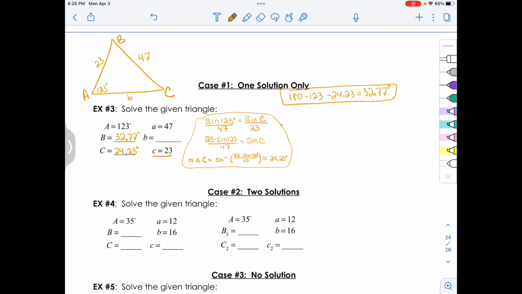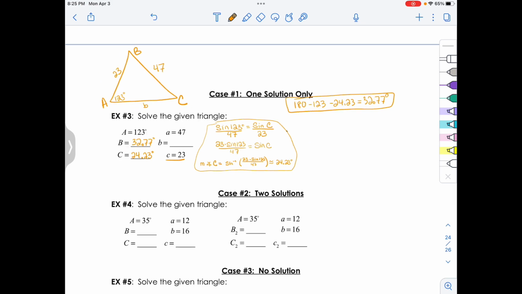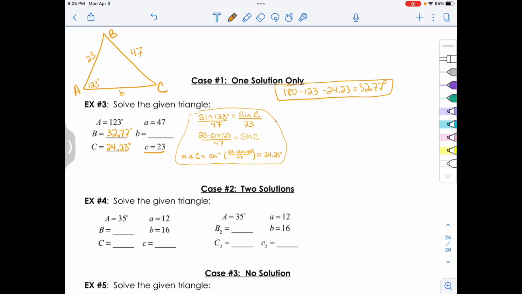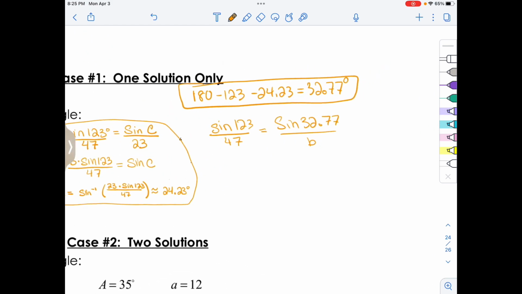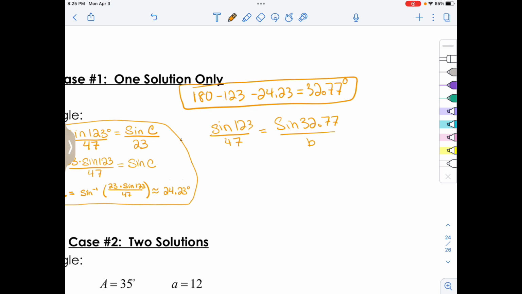All right, last bit, we're going to find side B. So we'll do sine of 123 over 47 equals sine of 32.77 over B. Cross multiply and then divide.